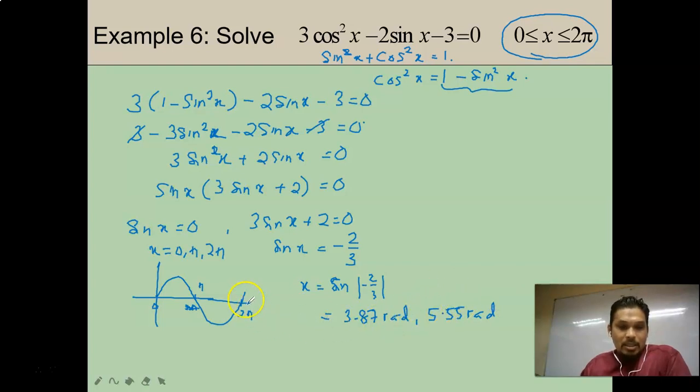So then we take all this list and put them all together in one row. So x equals 0, pi, 2 pi, 3.87 radians and also 5.55 radians.